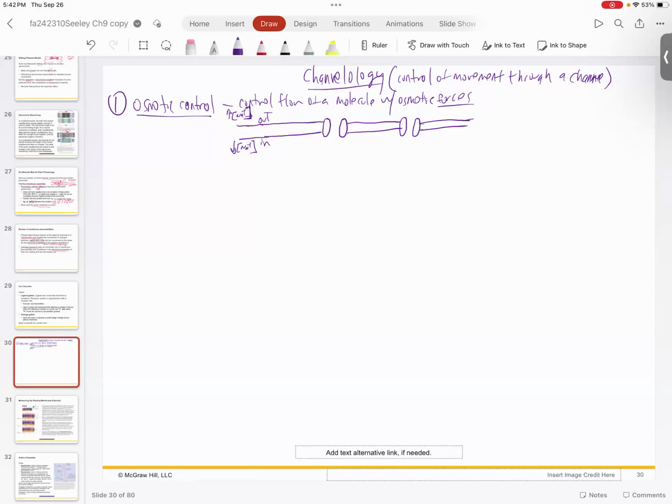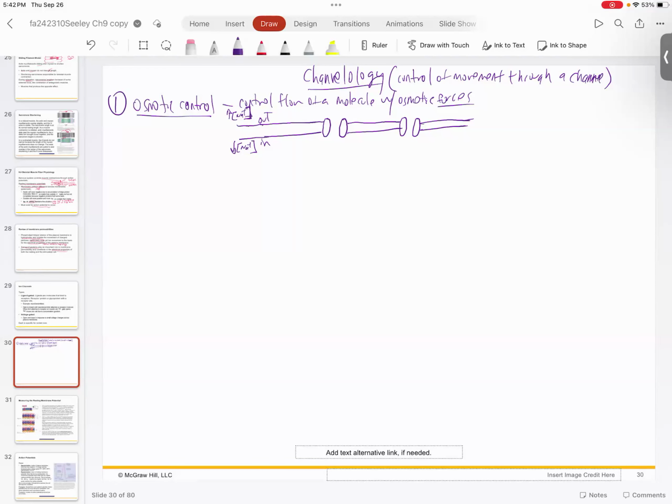Ooh, I'm making your heads hurt, aren't I? This will require you to revisit your understanding of diffusion and osmosis. So let's start there first.